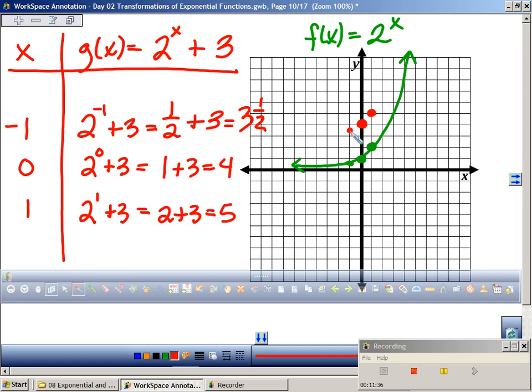Do you see a trend happening? If I do negative 2, can I argue without doing any math right now that I'm also going to go up 1, 2, 3, and a quarter? And if I went over again without doing any math, I'd go up 1, 2, 3, and an eighth.